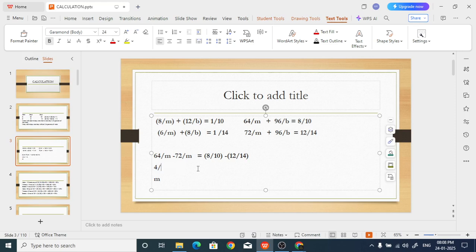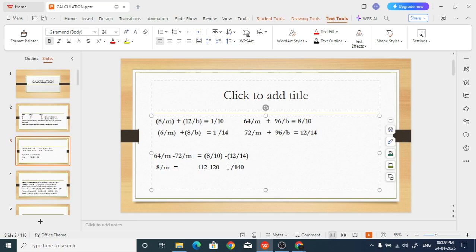This side, minus 8 by m is equal to, if you take LCM, 140. 14 into 8 is 112, and 12 into 10 is 120.